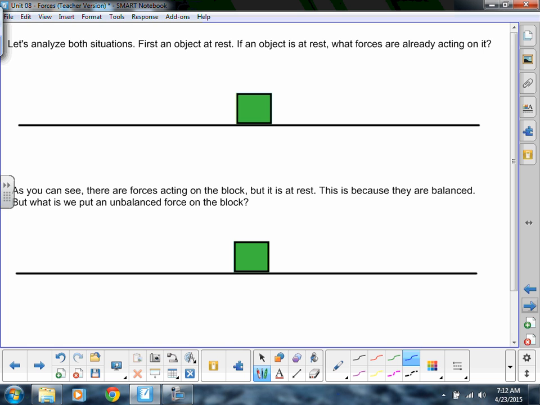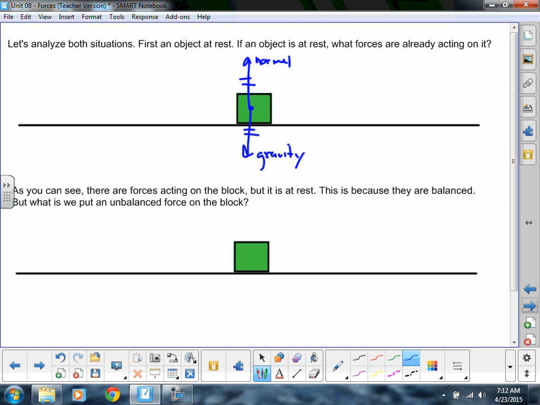So if we analyze both situations, first for an object at rest, what forces are acting on it? Well, we would have gravity pulling it down, and we would have the normal force pulling it up, and those two forces are equal to each other, and so it just sits there at rest.